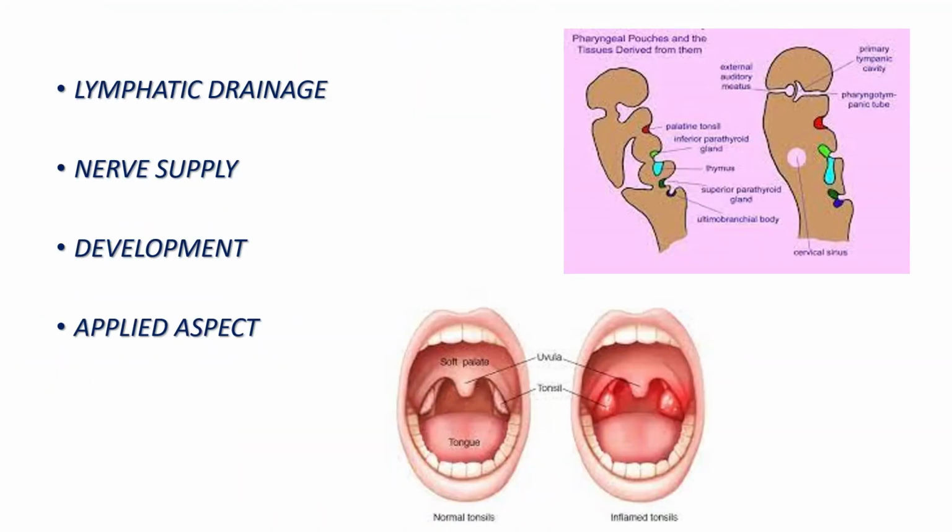Next, moving on to the lymphatic drainage of the palatine tonsil. All the lymphatics of the palatine tonsil drain into the jugulodigastric group of lymph nodes.